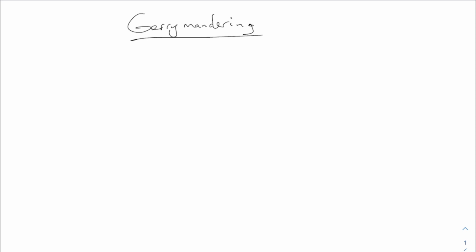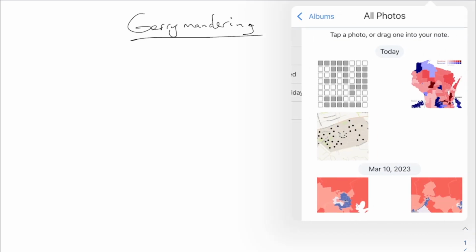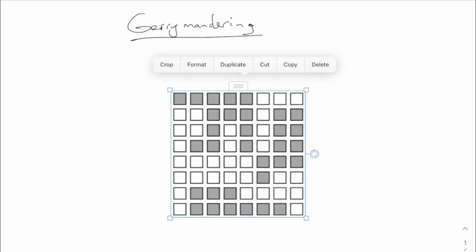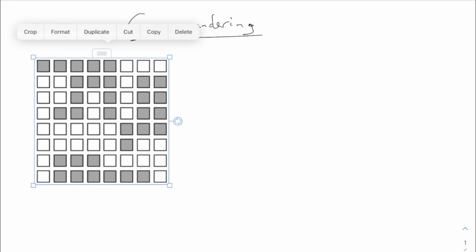A typical example will look something like this. I've got this on a handout that I'm about to give you, but the idea here is we have 64 squares, and 32 of them are light, 32 of them are dark.